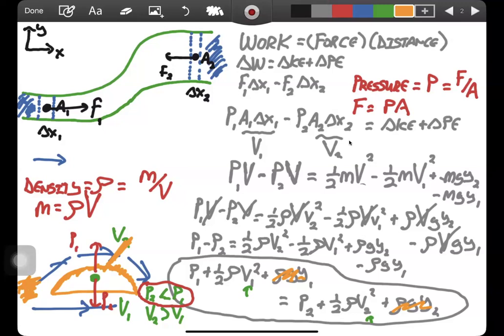And what does that mean by Newton's second law? There's an acceleration upward, i.e. there is lift, i.e. the plane flies.